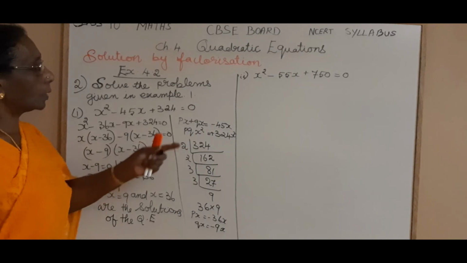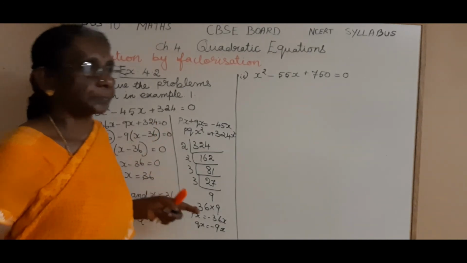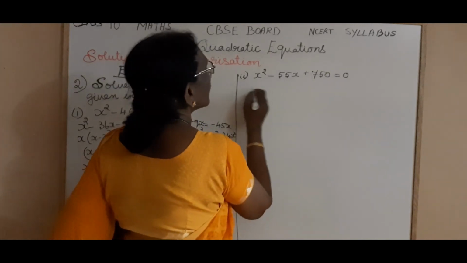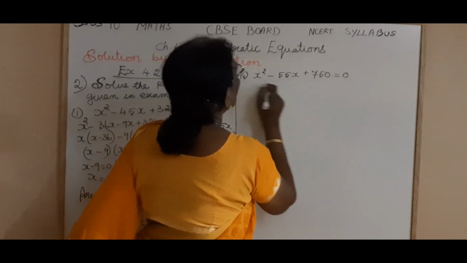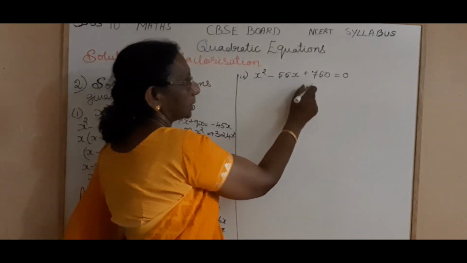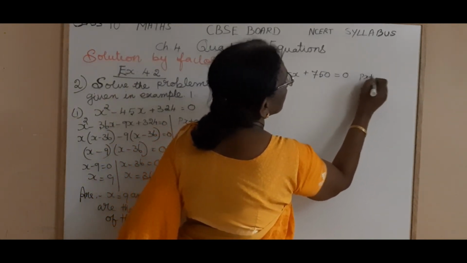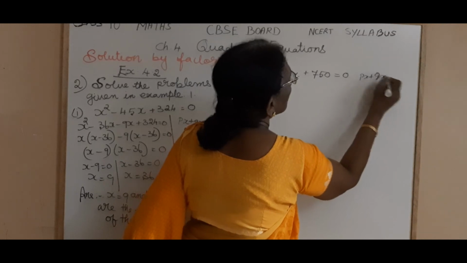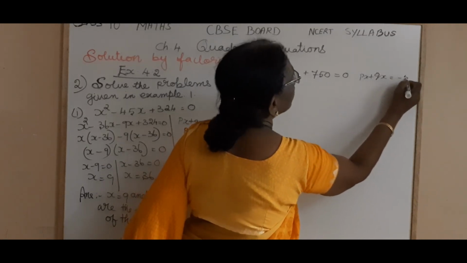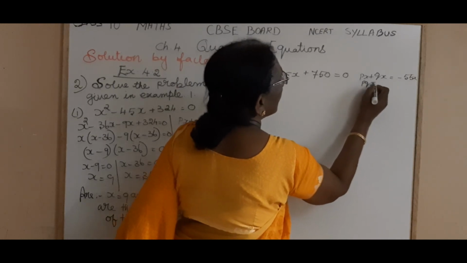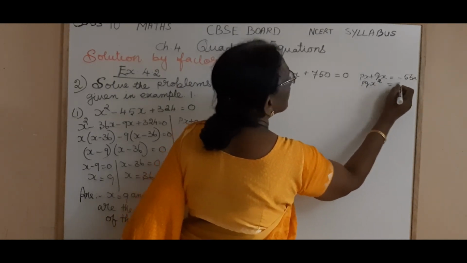Okay, you can check. Now we'll move to the next one. Here x square minus 55x plus 750. So Px plus Qx is equal to minus 55 and PQ x square is 750.